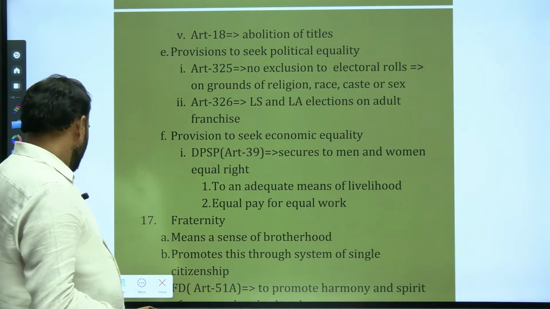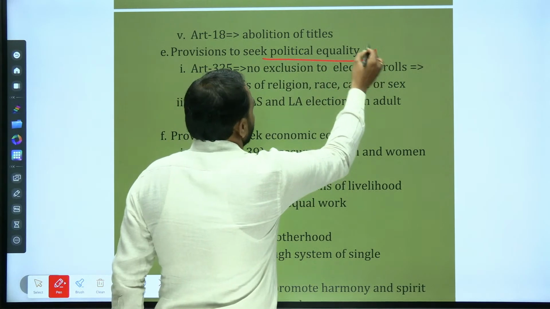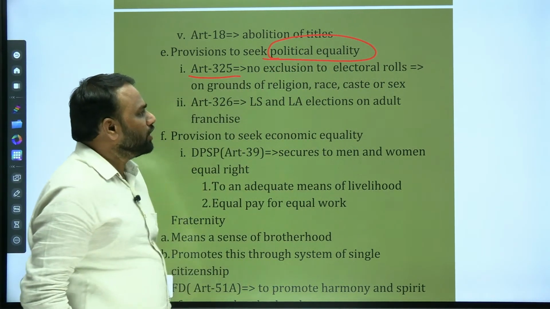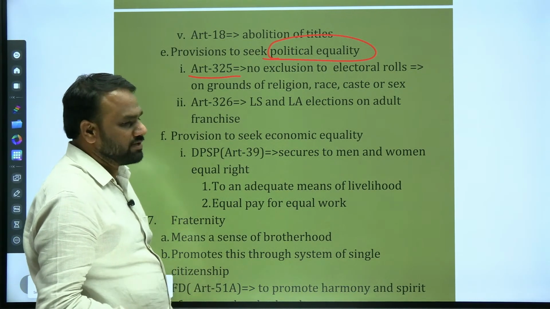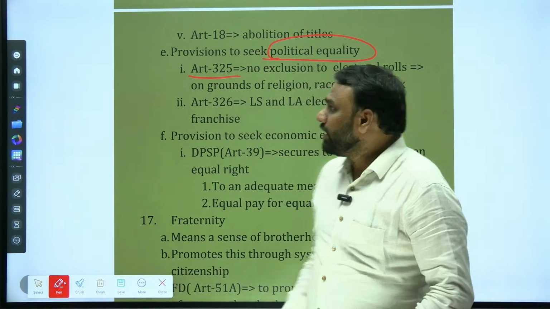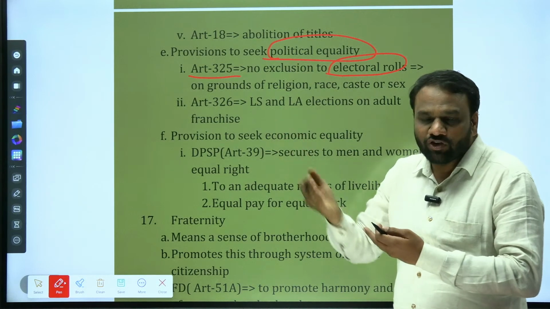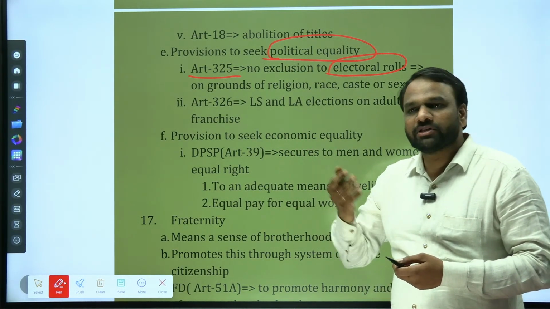Next, provisions to seek political equality. How to seek political equality? Article 325: no exclusion from electoral rolls on grounds of religion, race, caste, or sex. What is an electoral roll? An electoral roll is a list of people who have been registered as eligible voters, meaning those who can vote.